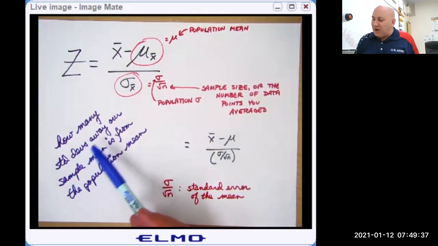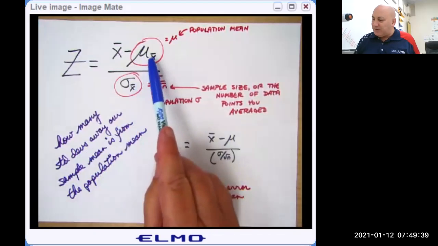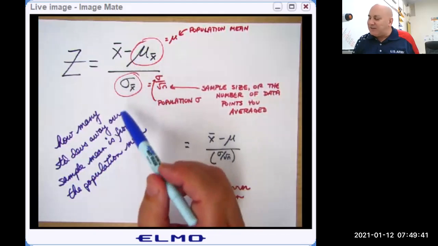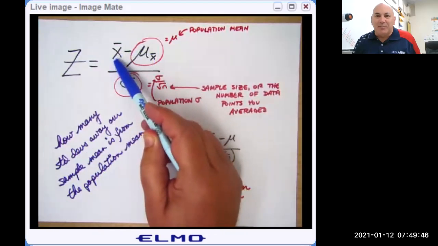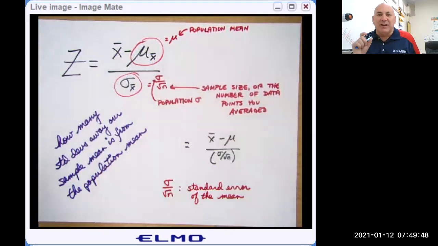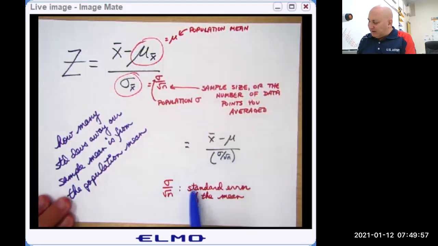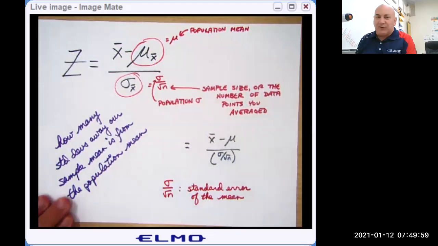It's telling us how many standard devs away from the population mean our sample mean is, if we pick one sample from that sampling distribution. Also, the sigma over root n, you'll see it often referred to as the standard error. Again, error in statistics does not mean you've made a mistake. It just means variation.